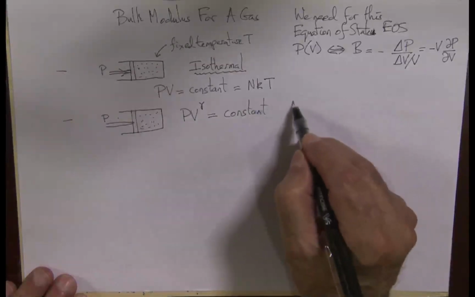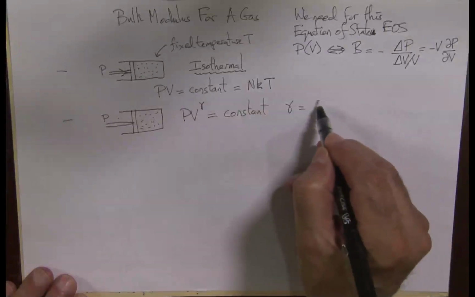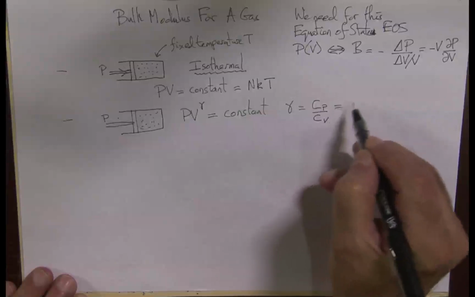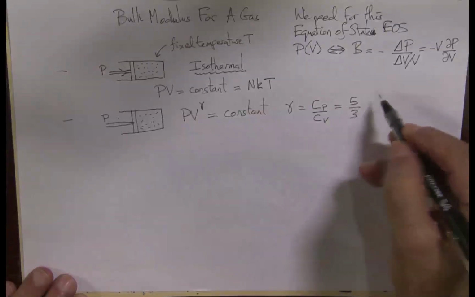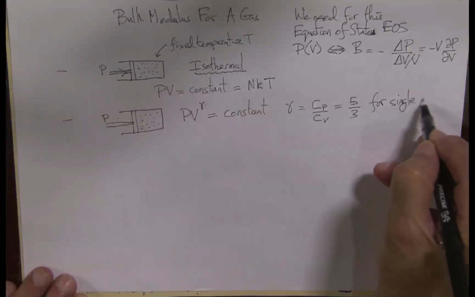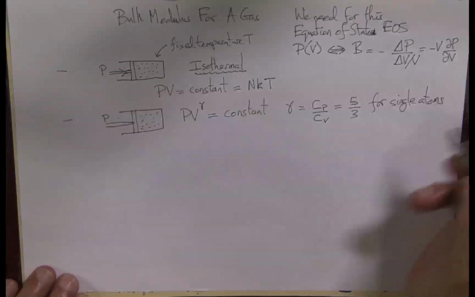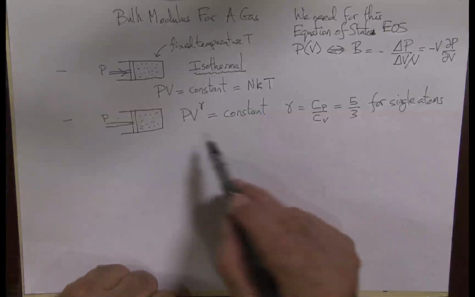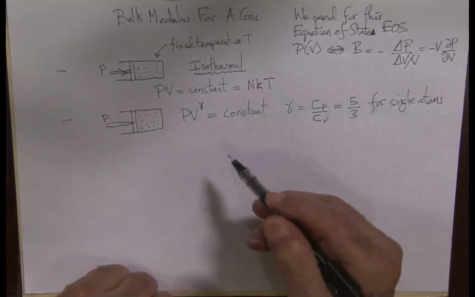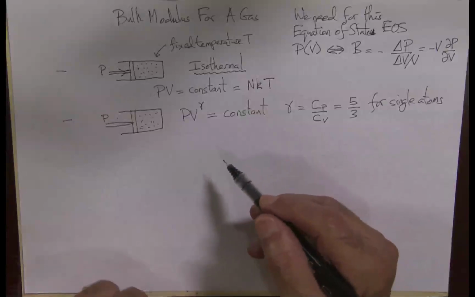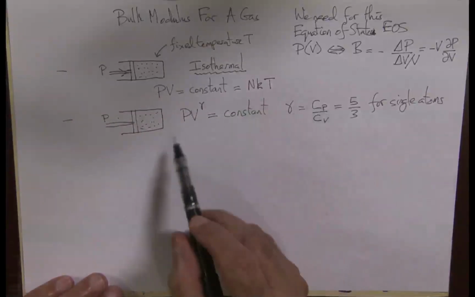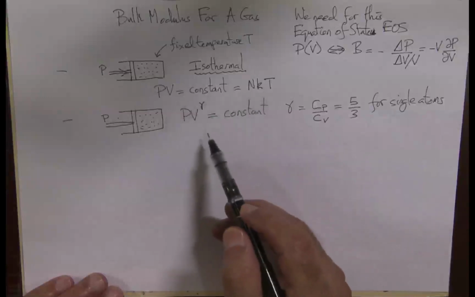And here, gamma is the ratio of two quantities, Cp by Cv, which is 5/3 for single atoms. Now, don't worry about this if you don't know it. If you learn this in a thermodynamics or statistical mechanics course, but there's no way that we can get away without talking about the equation of state.